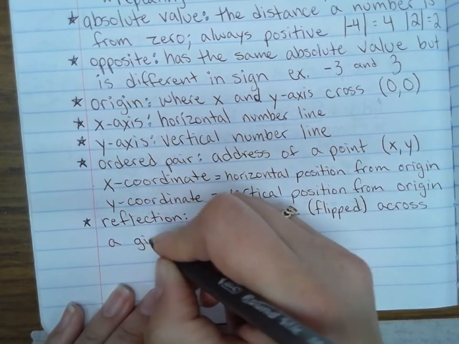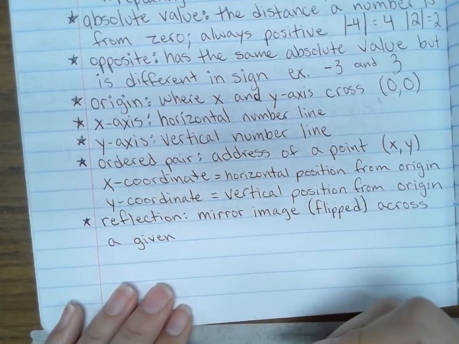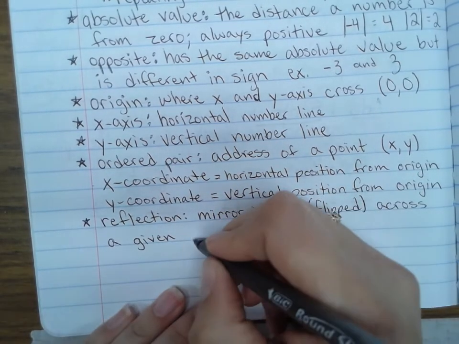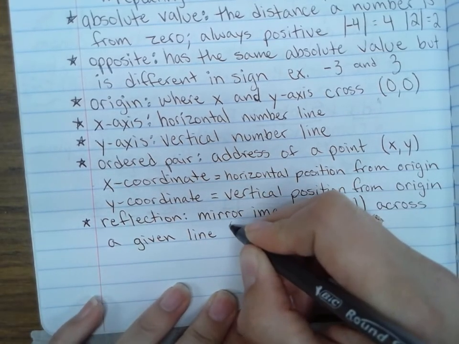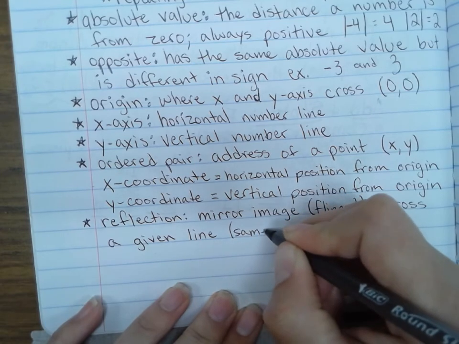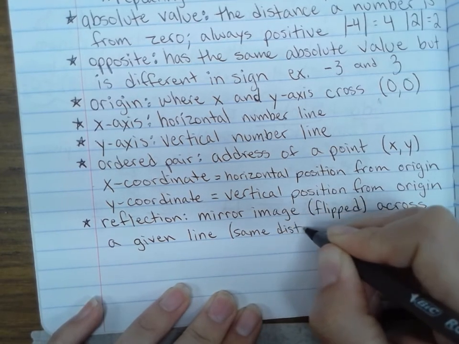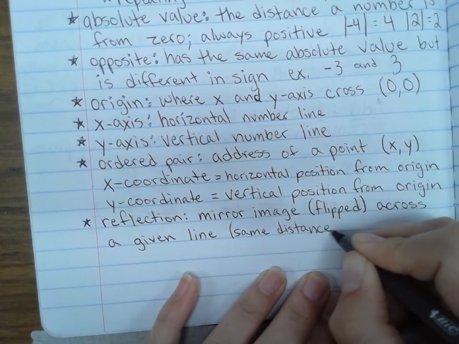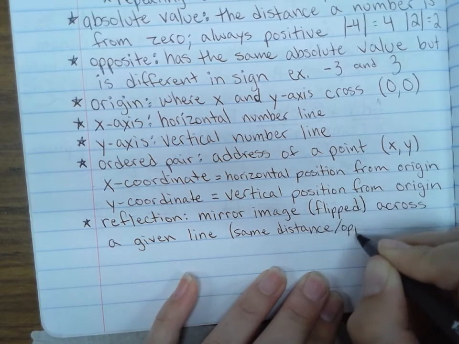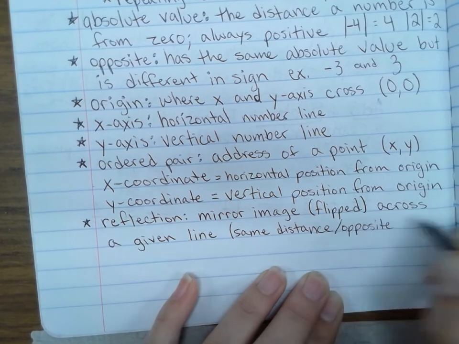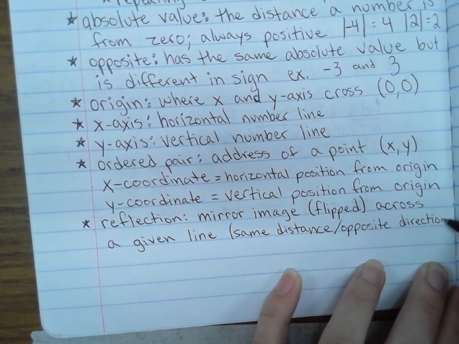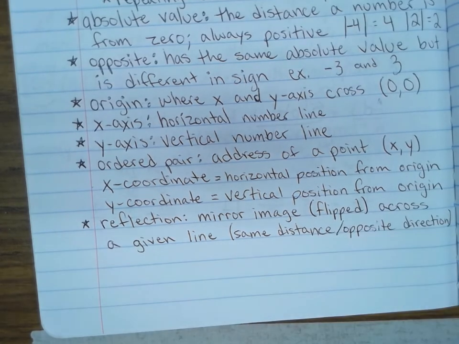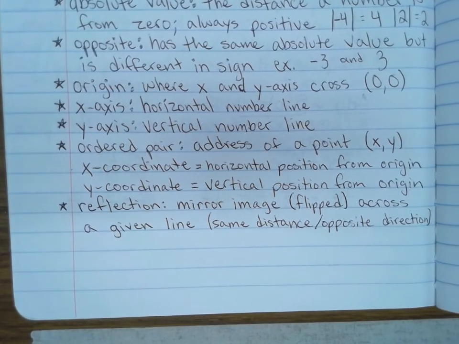Usually we've been given the x-axis or the y-axis. But it's the same distance in the opposite direction from that line. Okay, that should do for all of the vocabulary words from Chapter 5.